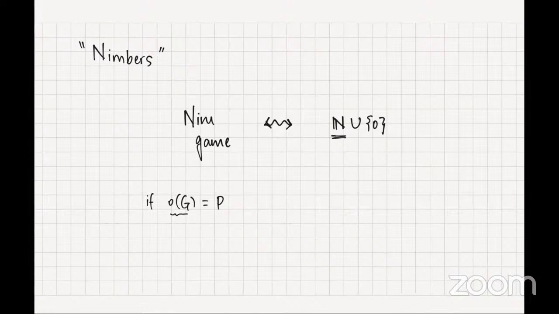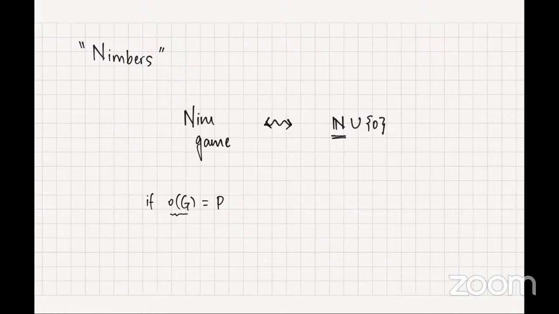So little o of a game state denotes the outcome class, which is P or N, depending on whether it's an other player win or a current player win. I did warn you about the P and N notation in the first stage, because that's the notation you're going to be seeing in the book as well. I'm going to stick to that, but I'll continue to use current player and other player instead of next player and previous player, which is what the letters stand for.